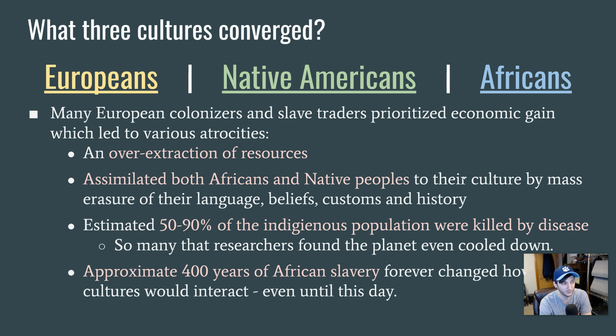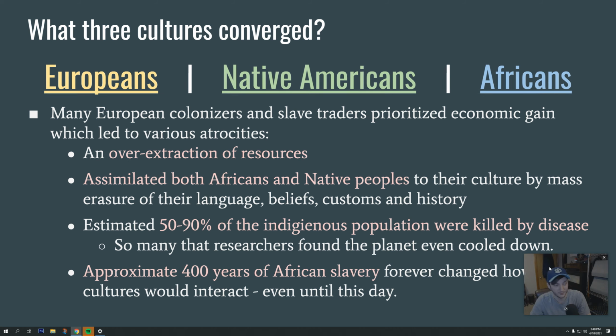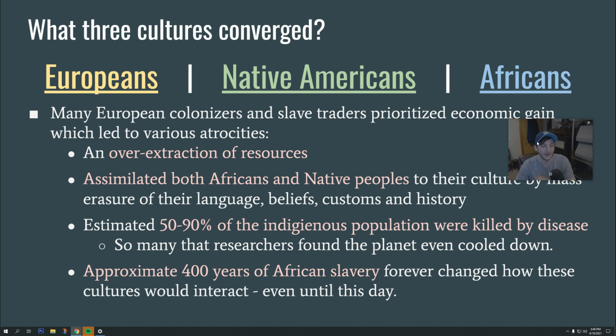They assimilated both Africans and native peoples to their culture by mass erasure of their language, beliefs, and customs. And we have an estimated 50 to 90% of the indigenous population was killed by disease. So many that researchers found that the planet even cooled down.